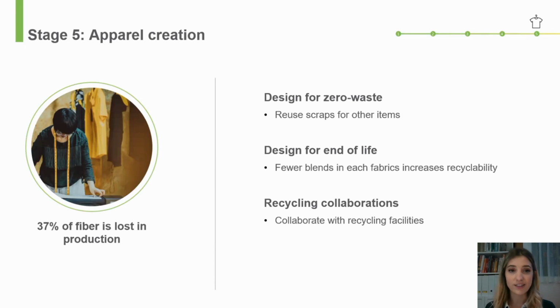And of course, this goes hand in hand with the next point, which is to collaborate with recycling facilities in the area to be able to recycle this fiber. This material can either be recycled in a closed loop system to make new garments, or if the quality is not so good, it can be done through open loop to create furniture, carpets, and other items.